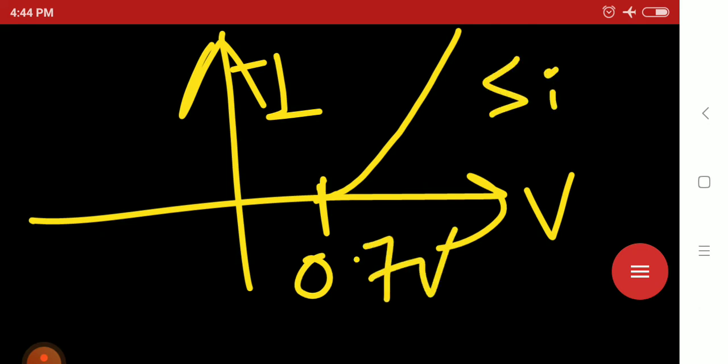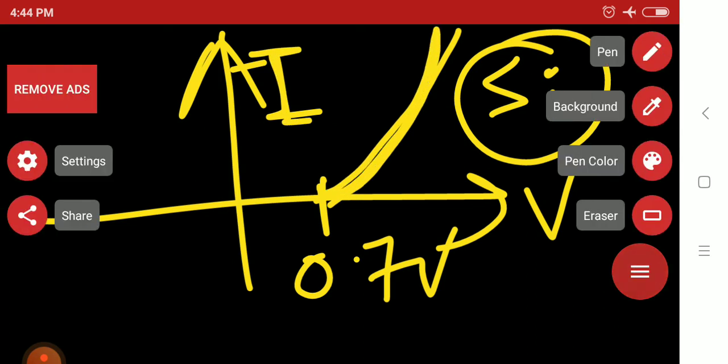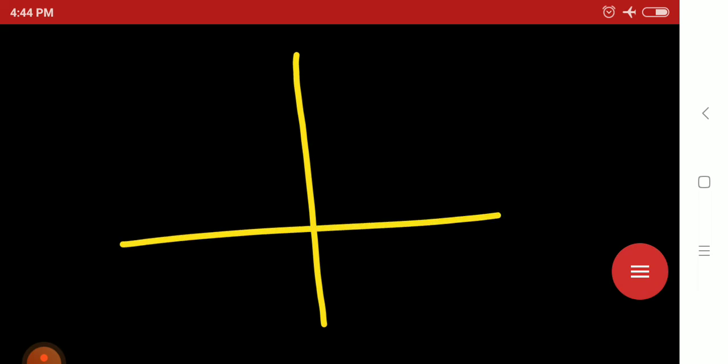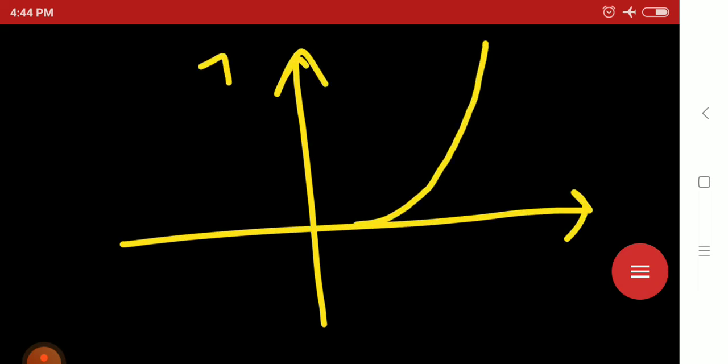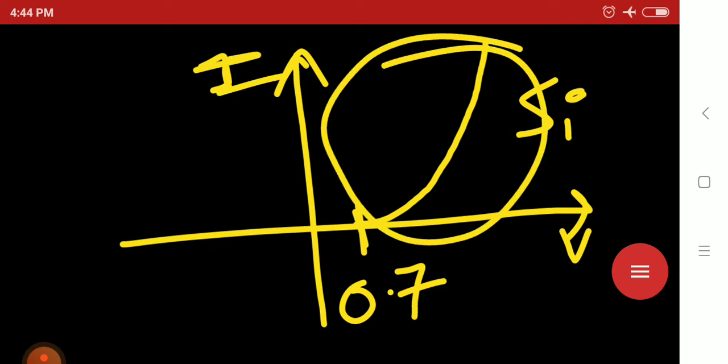I am writing it clearly: for a normal silicon diode, the I versus V graph will be like this. This is the cutoff voltage, and if it is a silicon diode, it will be 0.7. You can see that portion of the graph in the positive portion of I and V.